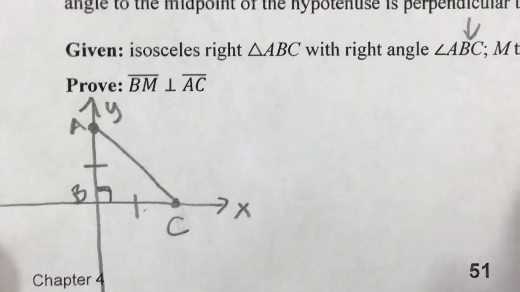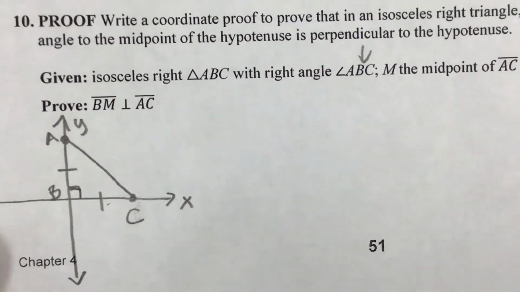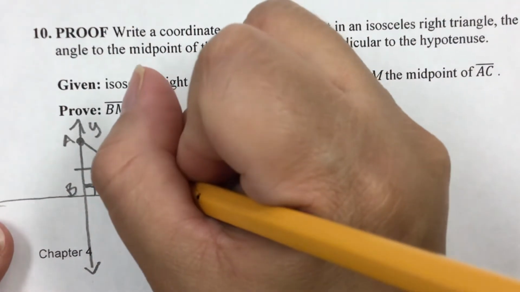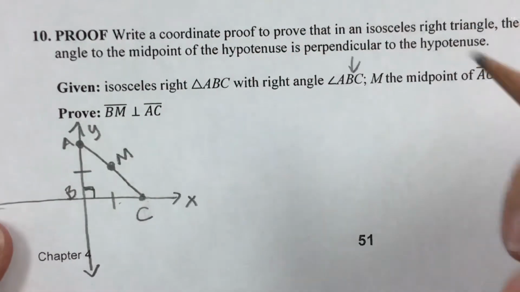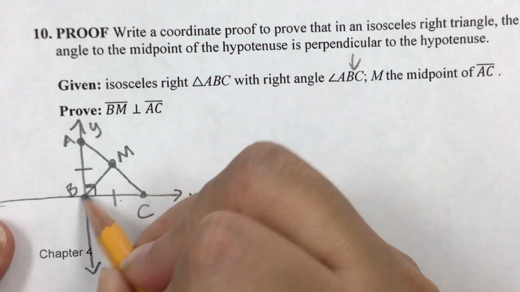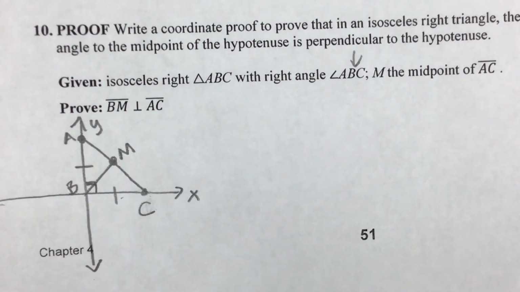And then it says that M is the midpoint of AC. So M right here would be in the middle. I'm going to draw a line because what we want to prove is that BM is perpendicular to AC.